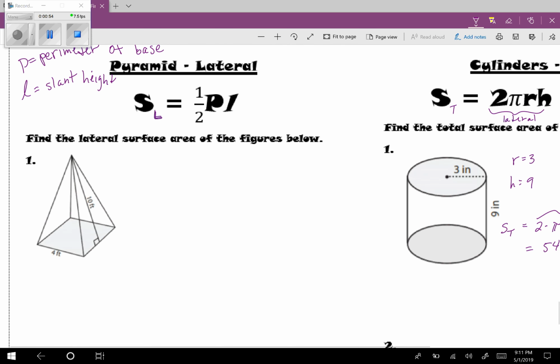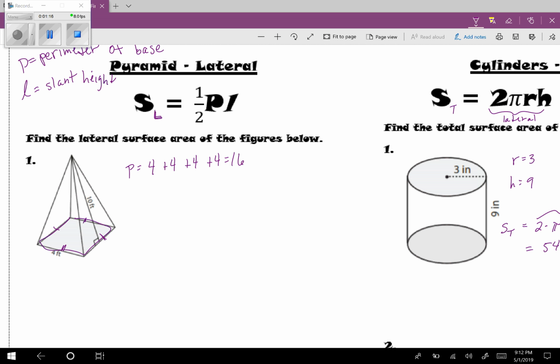So in this one here, our base is this square down here, and we're just going to assume it's a square. So all four sides are the same, and the perimeter is going to be 4 plus 4 plus 4 plus 4, which is 16.